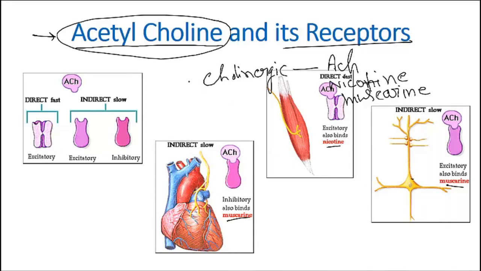This cholinergic nicotinic receptor, also known as NACH, is a very well known receptor found in the neuromuscular junction. For example, where the neuron is interacting with a muscle, and the release of neurotransmitter regulates the contraction and relaxation of the muscle. At this receptor, acetylcholine acts directly to open the ion channels, producing a fast excitatory postsynaptic potential.